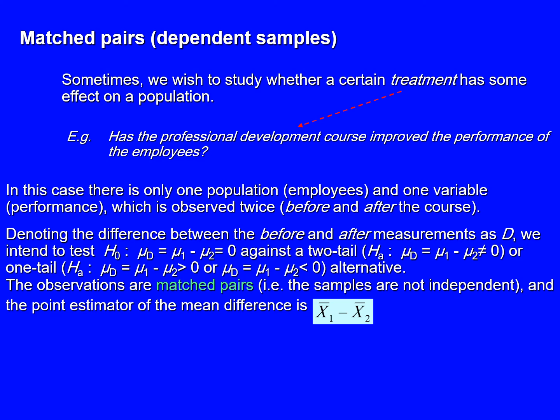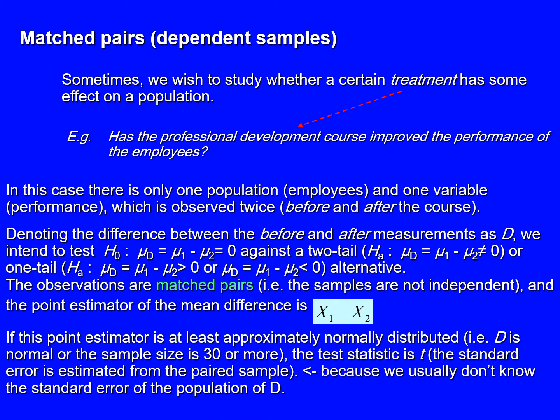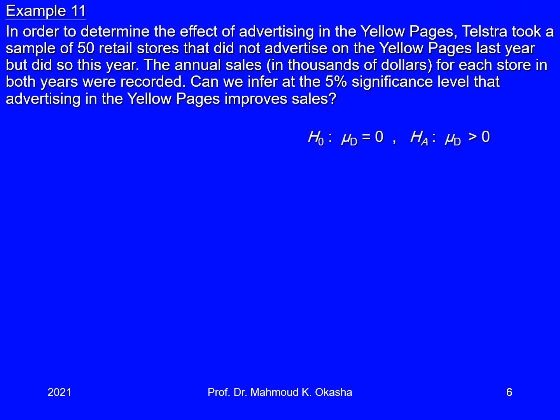In this case, mu1 minus mu2 we can estimate by x1 bar minus x2 bar, which is the difference between two means, and we call it d here. We take the average of d and get the sampling distribution for d, and you follow the procedure step by step, the 6 steps, as usual.